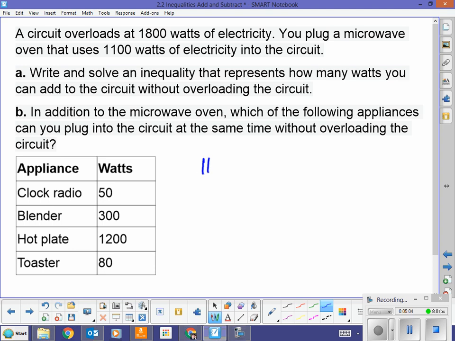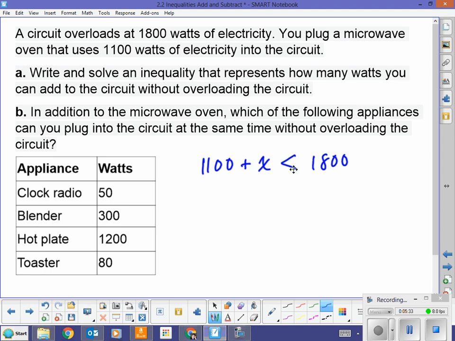So 1100, that's my microwave, plus, I'll use X for this. And we'll put the boundary over here so we can talk about it. The amount I'm using has to be what? Greater than or less than my overloading limit. This has to be less than, not equal to, because it overloads at 1800.